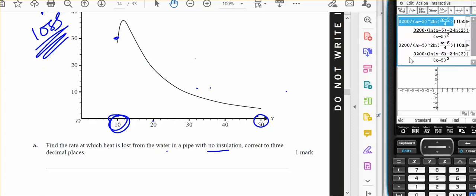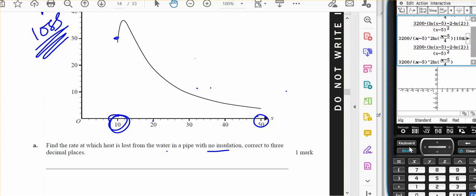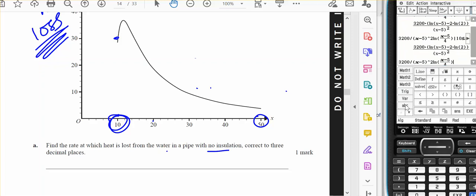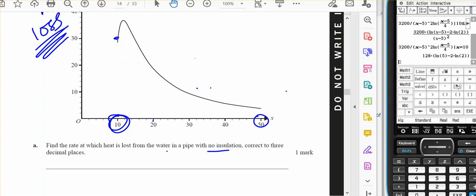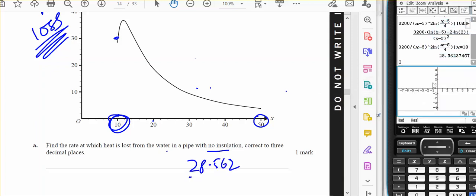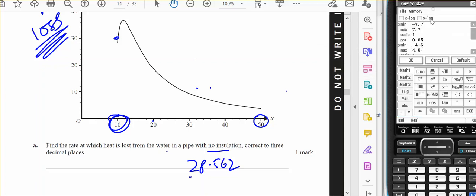And if I put that into a new line, keyboard math 3, given x equals 10, I end up with that value, and I'm doing it to 3 decimal places, 28.562. And if I was to graph, I would change my windows to match the graph, so x from 0 to 50, and y goes from 0 to 40.